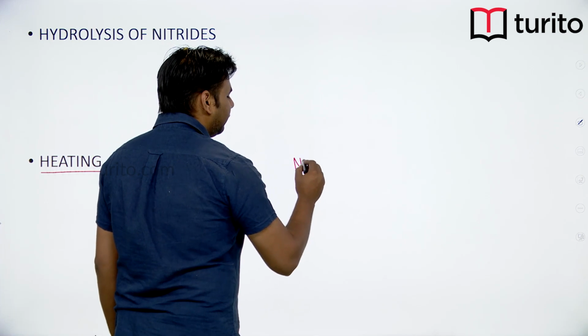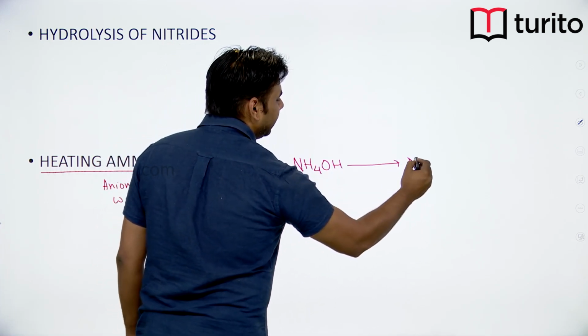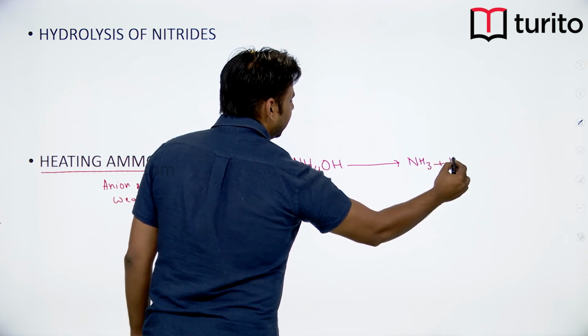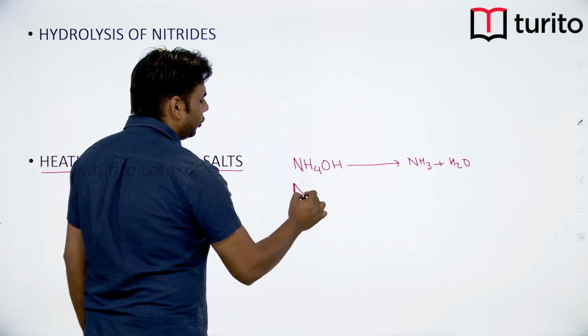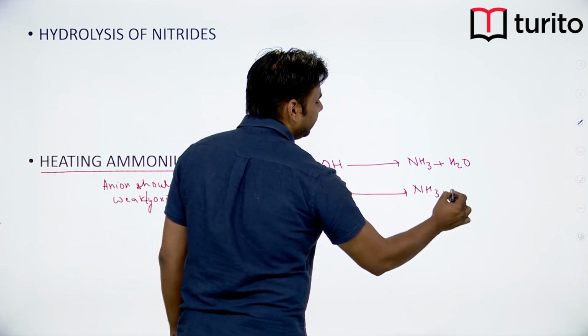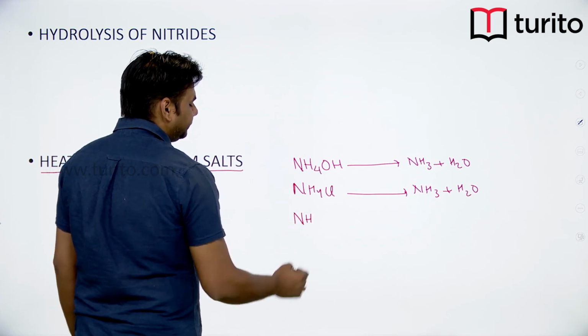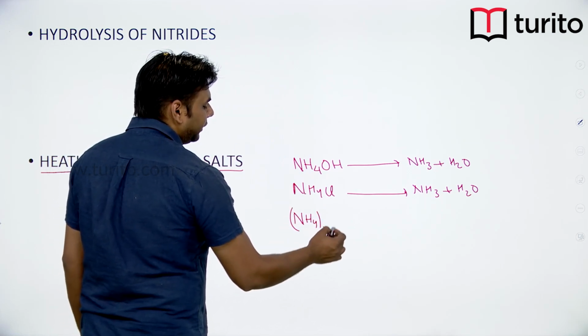You can take very clear examples. Ammonium hydroxide on heating will give us ammonia plus water. Ammonium chloride on heating will again give us ammonia plus HCl. Now let us consider ammonium carbonate.